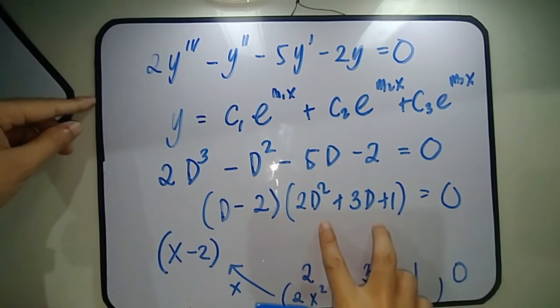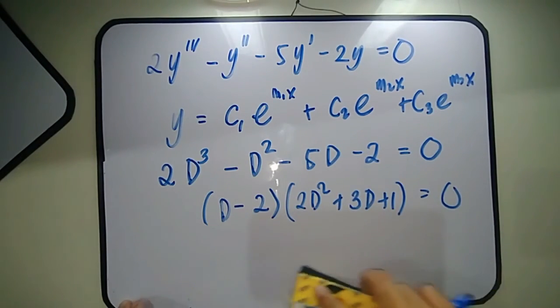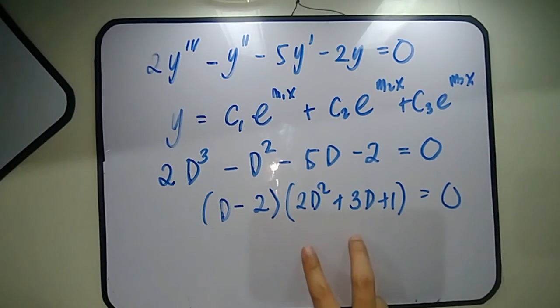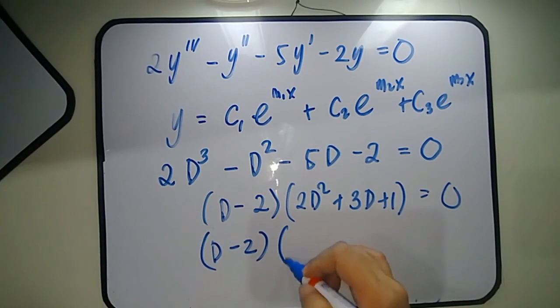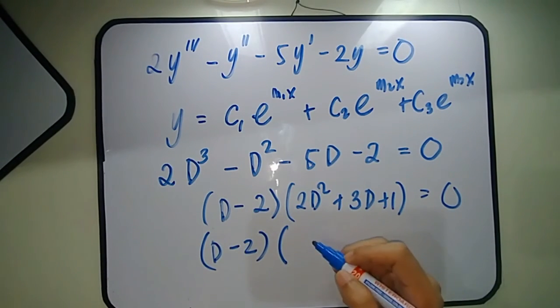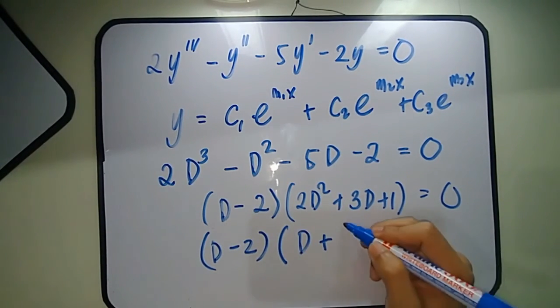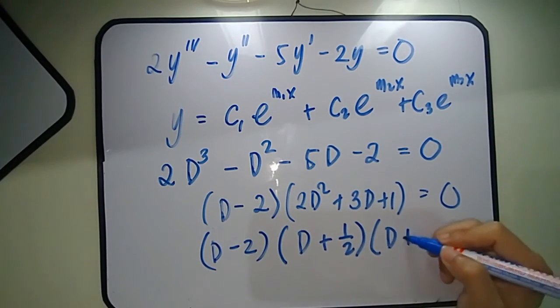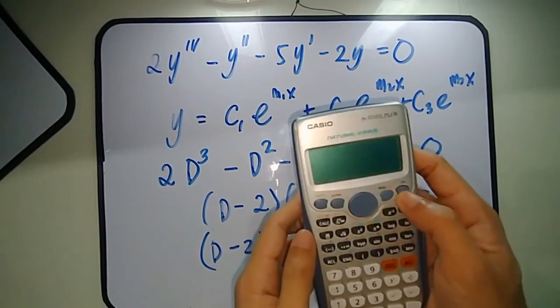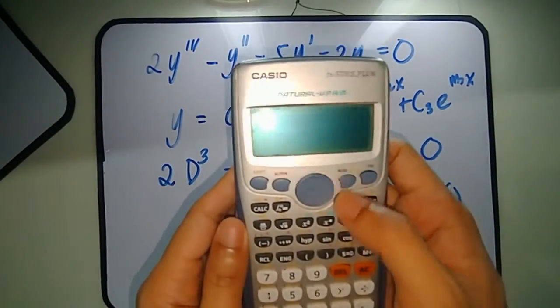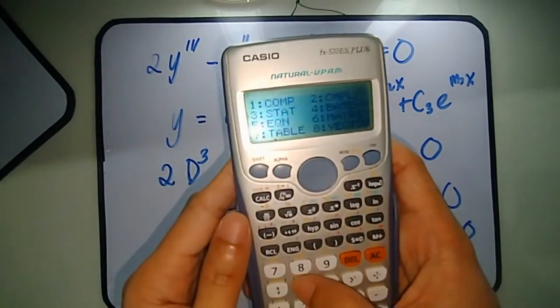So factor this quadratic equation. You can use the quadratic formula, or you can use your calculator. So using the quadratic formula, we arrive at the roots, ang roots niya is negative 1 half and negative 1. So this will become d plus 1 half, then d plus 1. We can verify that using our calculator here. So we have here mode equation, 5.